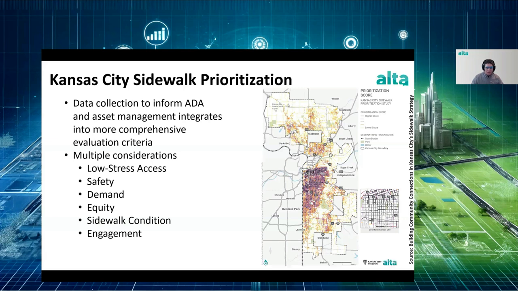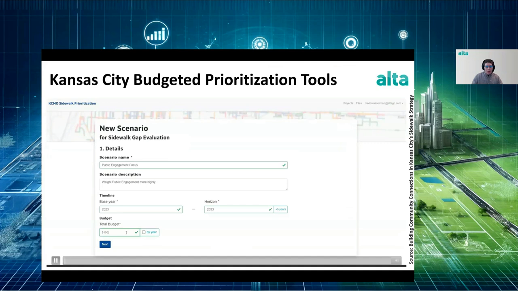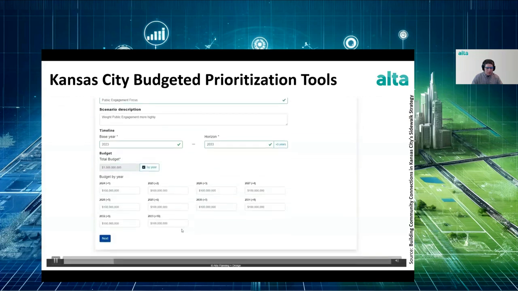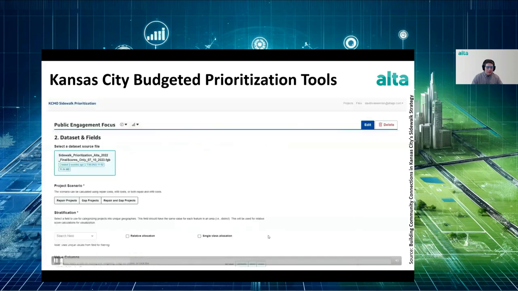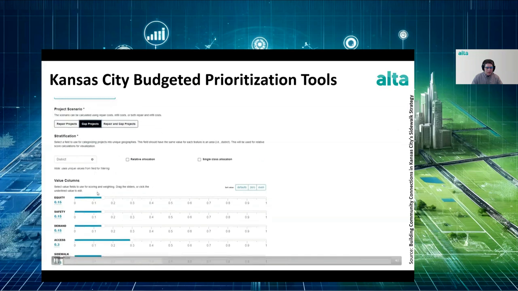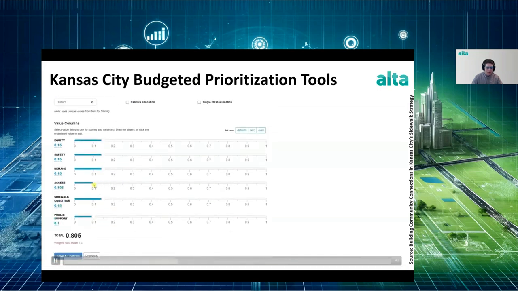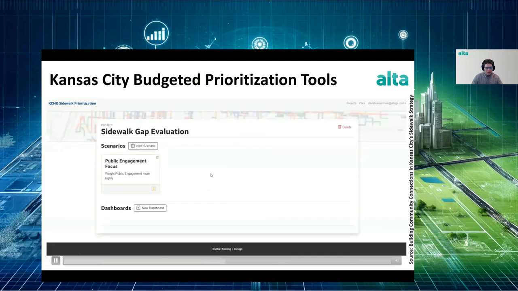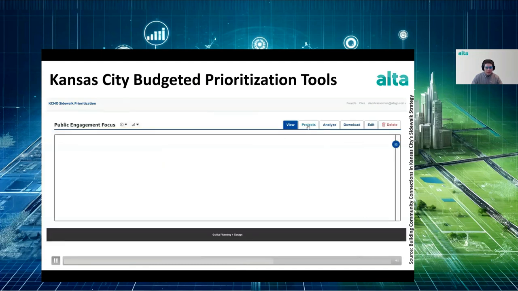And so while there was a baseline prioritization score, we worked with Kansas City to develop a sidewalk prioritization tool where they could put in total budgets that they want to expend by year. They could pick a horizon year. They could identify what types of projects they want to address, whether it be gap or repair projects. And then they could adjust the weights of different goals to identify which sidewalk projects they want to fill in, based off of the budgets available and the weighted goals that they had.